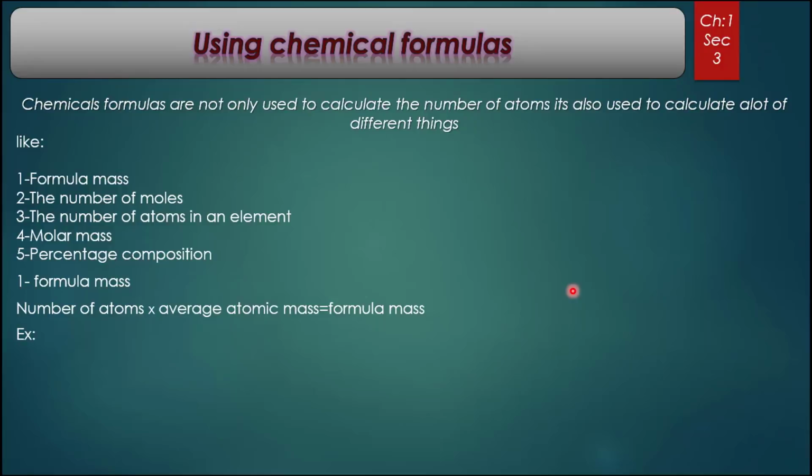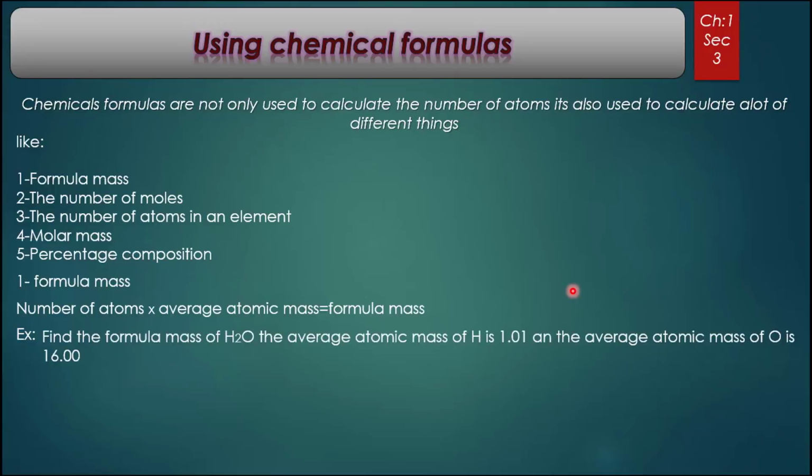I'll give you an example so it's going to be more clear. Find the formula mass of water, or hydrogen dioxide. The average atomic mass of hydrogen is 1.01 and the average atomic mass of oxygen is 16.00.